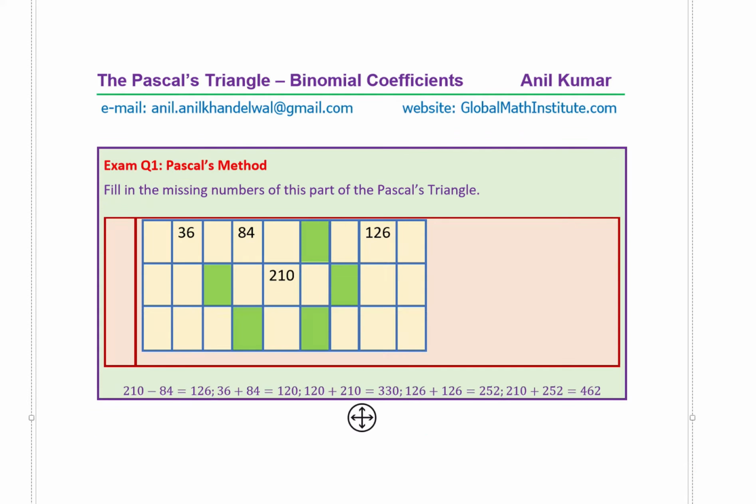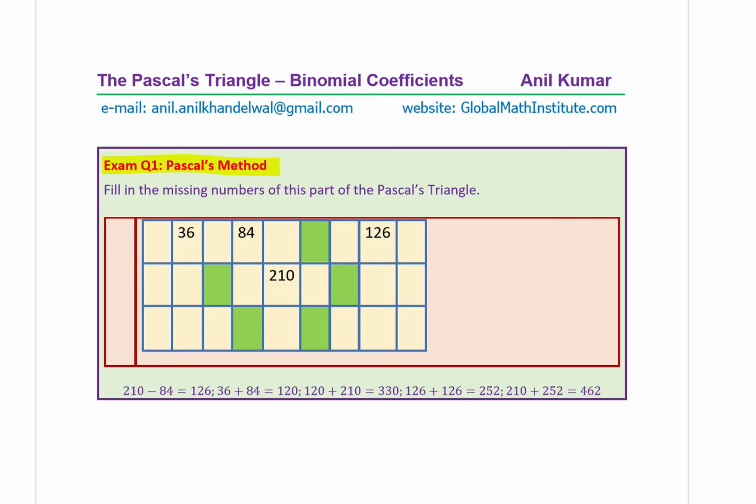Now here is the first test or examination style question for you. In examination, you'll be given some numbers from in between, and then you have to figure out what is the number which is missing. So fill in the missing numbers of this part of Pascal's triangle.